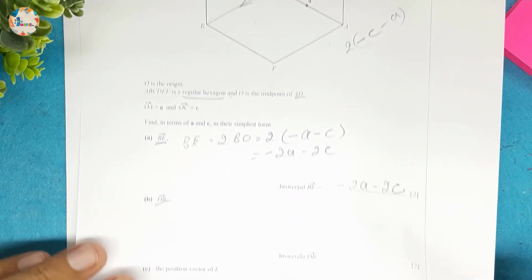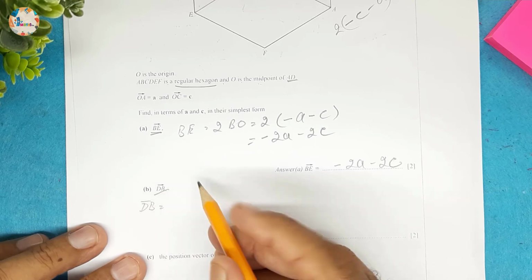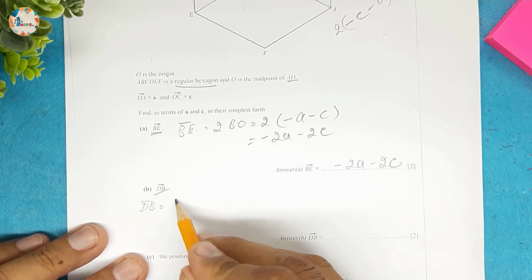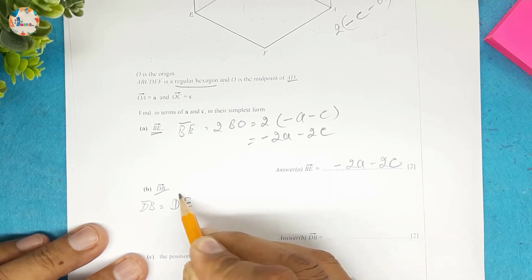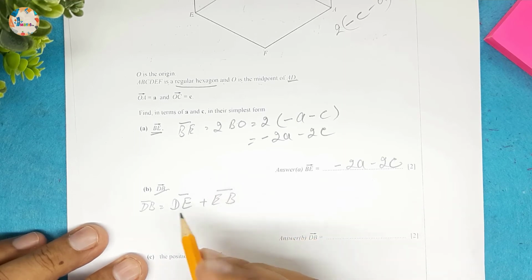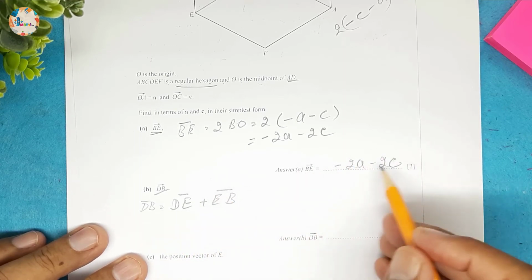So DB is equal to DE plus EB. We have already calculated BE, so we'll take the negative of this one.